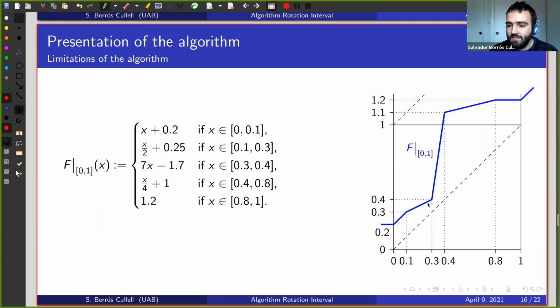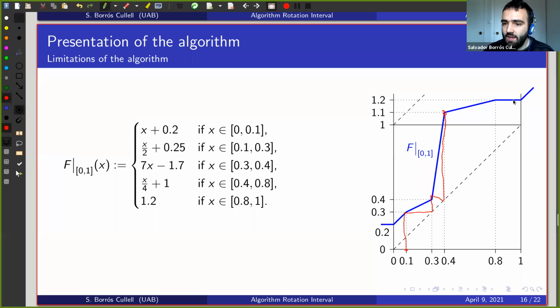This algorithm, however, has some limitations. First of all, and it goes without saying, it won't compute irrational rotation numbers because we rely on periodic points to compute rational rotation numbers. However, we may also have, for example, in this case, a 3-cycle that is outside the constant section.